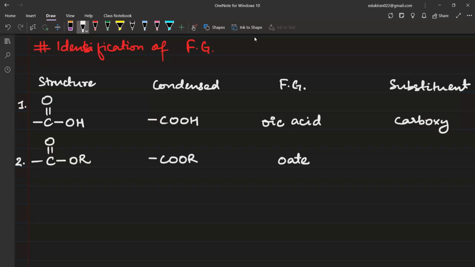Now, if it is present as a substituent, which is rare, you are going to write alkoxycarbonyl. Third is, चलिए थर्ड लिख लीजिए आप लोग. I mean, we don't use this very much, but still.